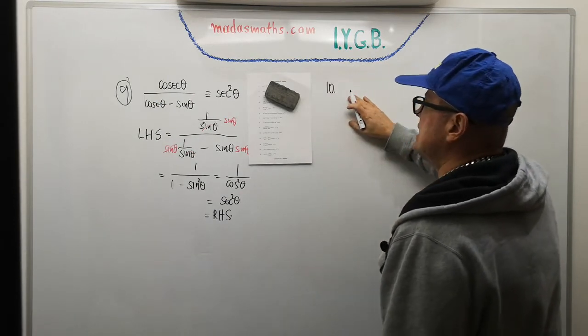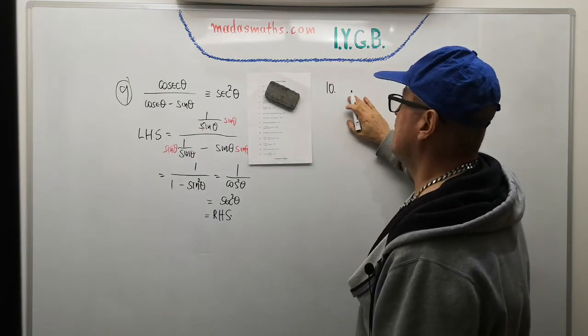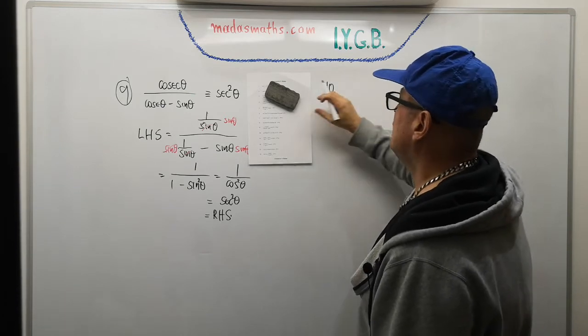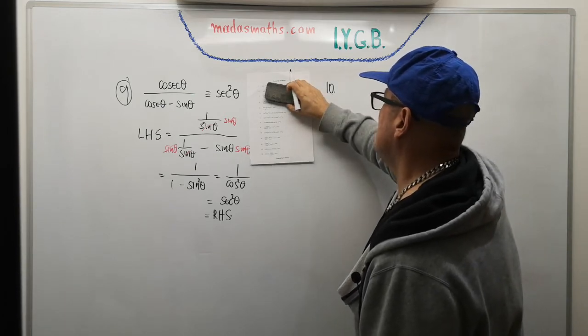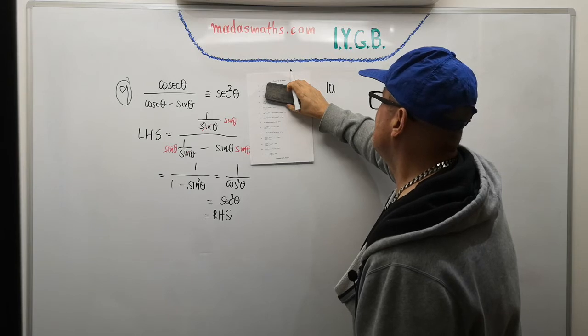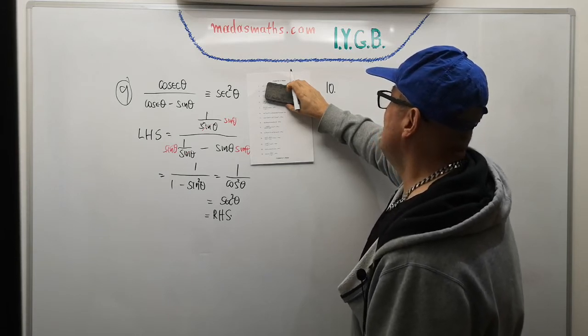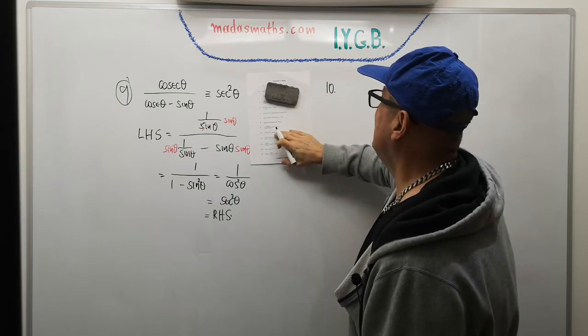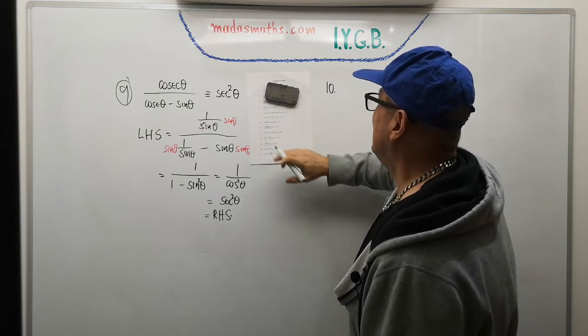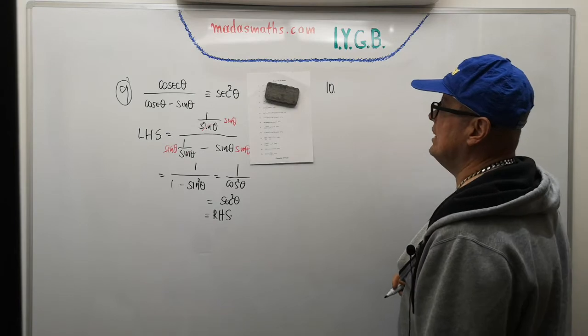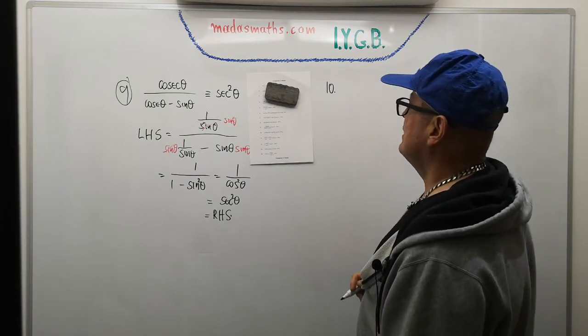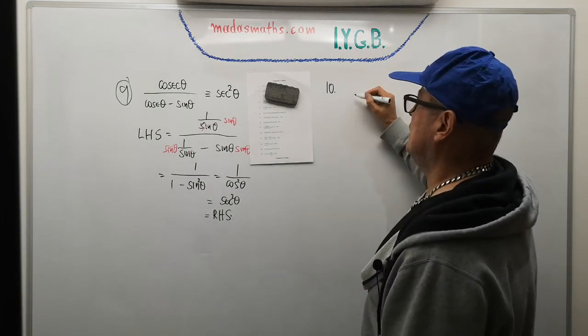So identity number 10, loads of squares again. It's practically the same. Yeah, that's the mirror image of equivalent statements, like number 7. I didn't spot it, otherwise I wouldn't have put it there. I'll do that as number 10. Let's do it again. I'll do it a little bit fast this time.